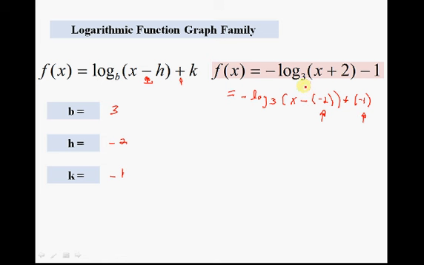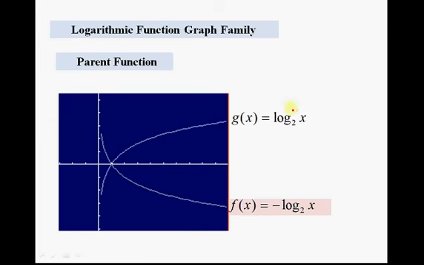Okay, so now let's move on and take a look at the parent function and the graph of the parent function and how that behaves. Then we'll be able to use these values, h and k, to help us figure out how to translate the parent function to the general form. So here's the parent function, log base 2 of x, and it looks like this.